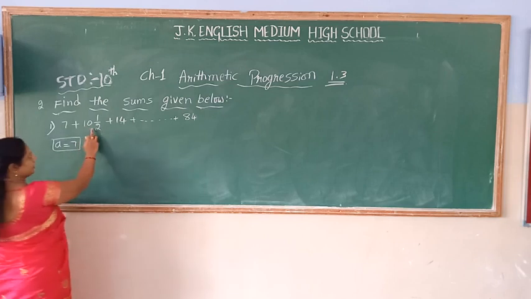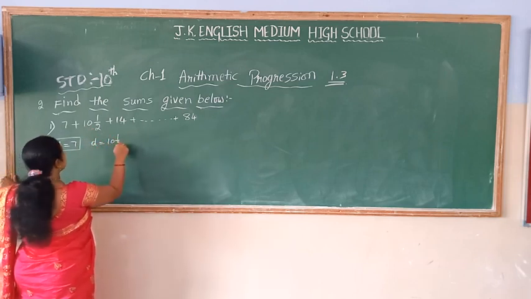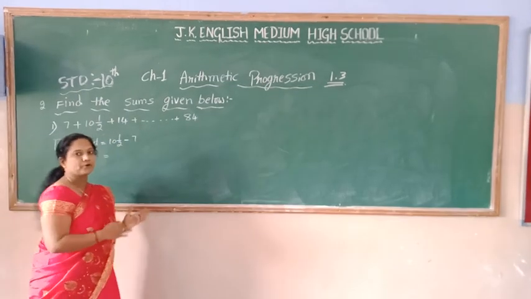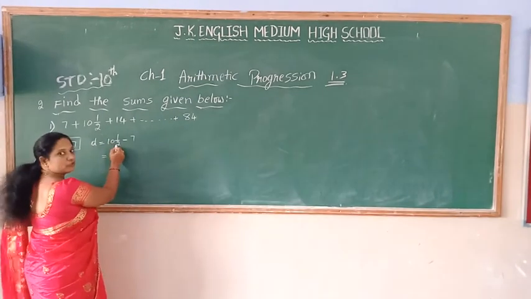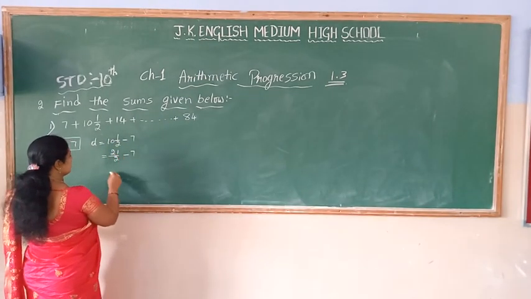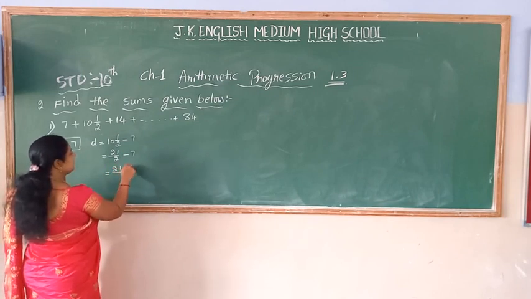And d I can find out. In the second term, I have to subtract the first term. So you convert the mixed fraction to an improper fraction. That is 10 2s are 20 plus 1 is 21 by 2, minus 7. Take LCM, then 21 minus 14.